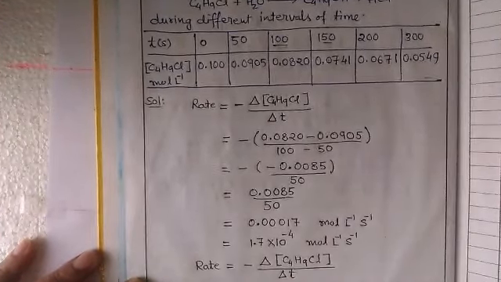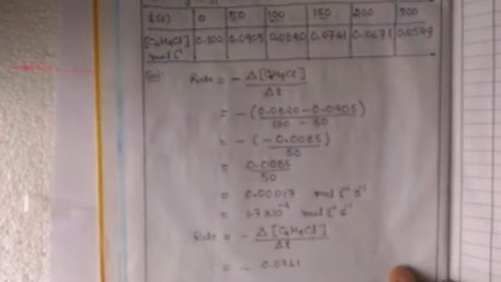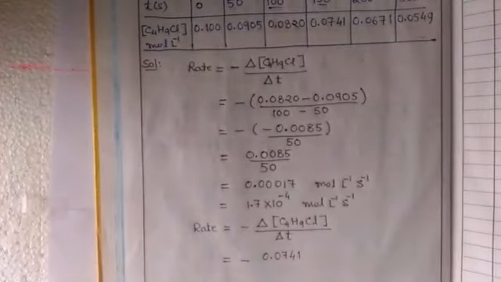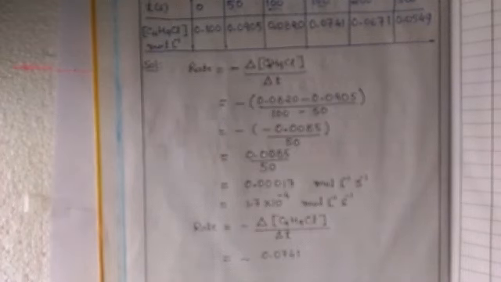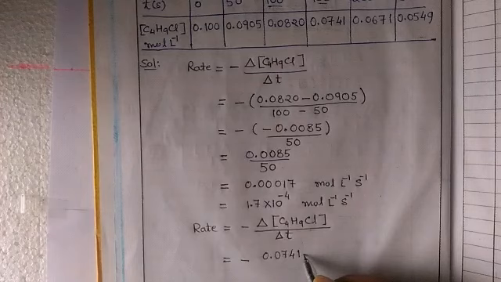For this particular reaction, the values will be again 0.0741, okay, this is the value 0.0741, and this is going to be subtracted.